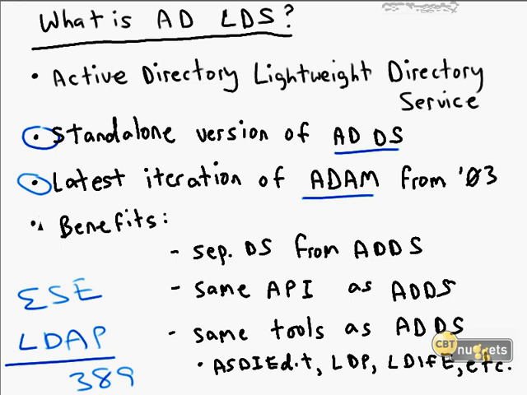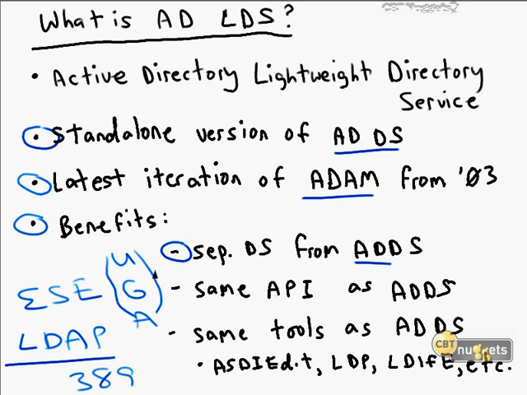In a nutshell, what are the benefits? Why would you want to deploy Active Directory Lightweight Directory Services? Well, number one, it's a separate and distinct directory service from Active Directory. I want you to know that LDS can interoperate with standard Active Directory. In other words, you can create an application that stores all of its user data, its group data, application data in a separate directory structure from domain Active Directory.